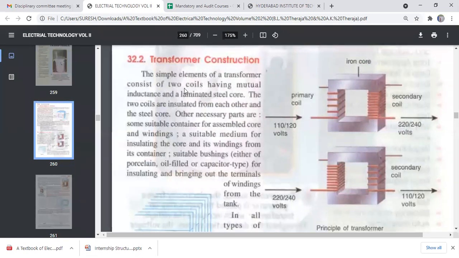Simple elements of a transformer consist of two coils. What are the two coils? Primary coil and secondary coil, N1 and N2, having mutual inductance and a laminated steel core. Laminated means each sheet is called one laminated sheet. The two coils are insulated from each other and the steel core. Other necessary parts, all these things are not necessary.